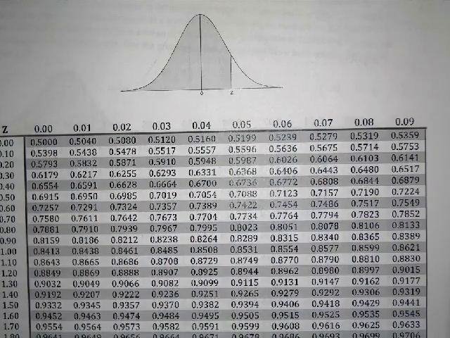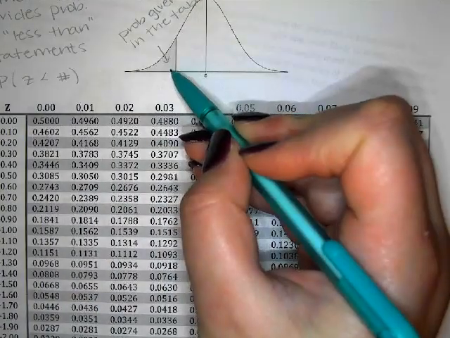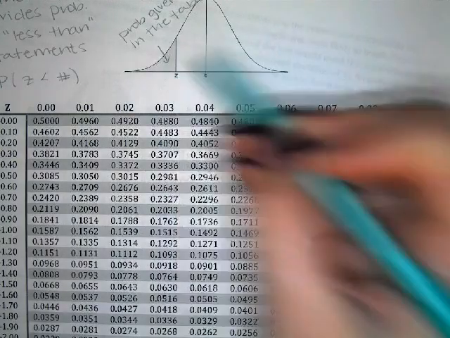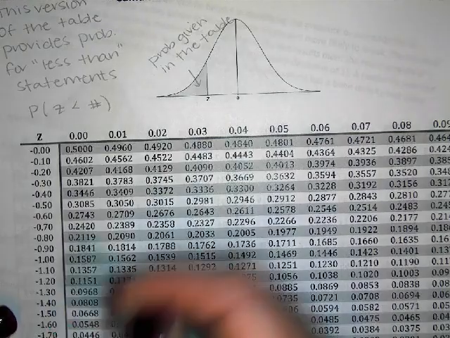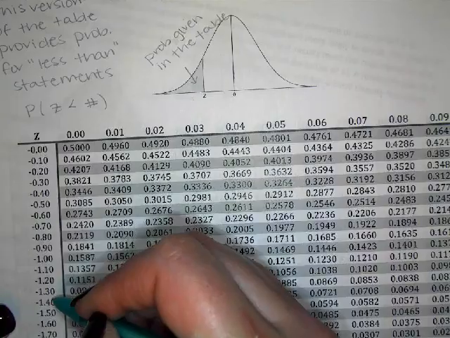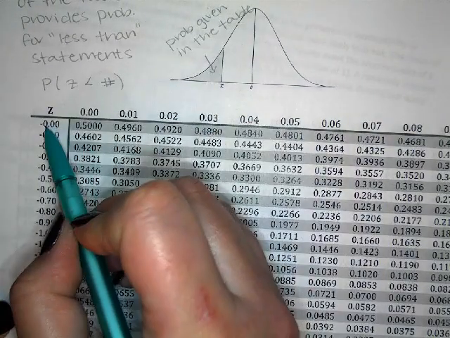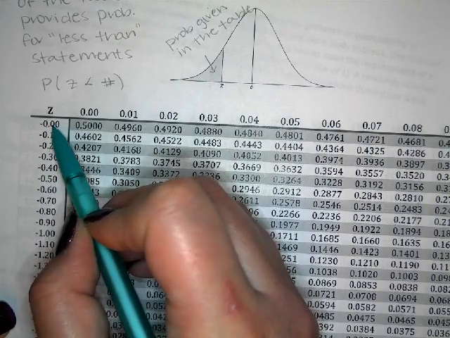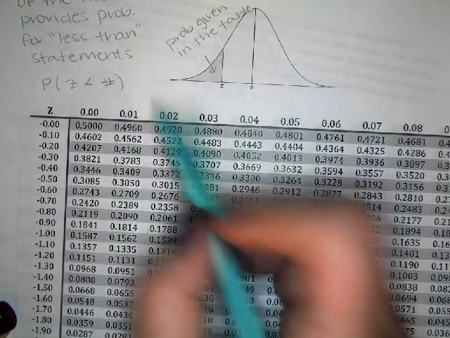All right, so the probabilities that are given, these are the areas of the shaded region or the area under the curve. Now, along the side, this column and then this row over here, both of those are the z-score. So the column down the left side gives you the ones place of the z-score and the tenths place of the z-score, the first digit. The row across gives you the hundredths place of the z-score.